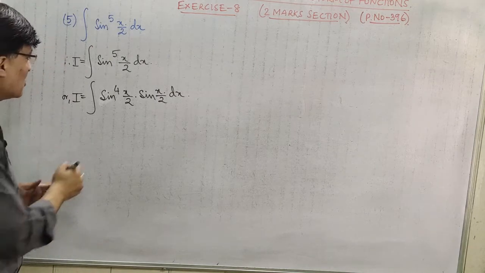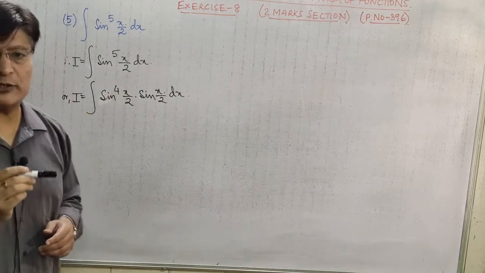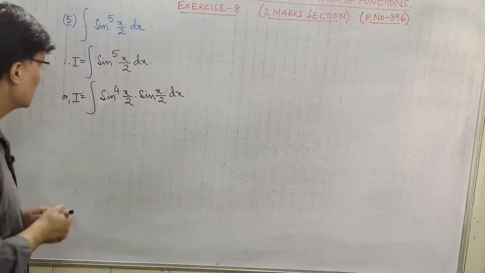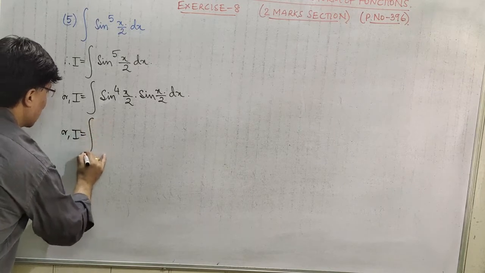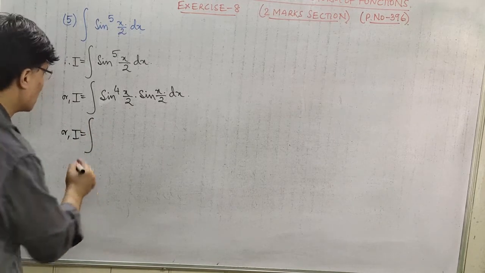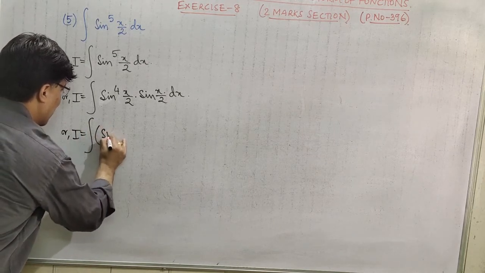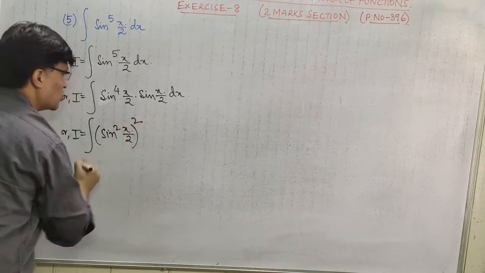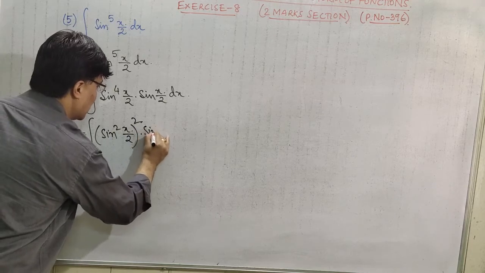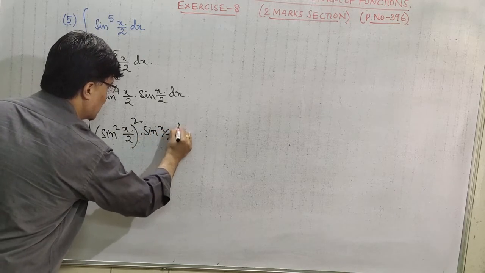So that's why you have to convert this sine to the power 4 x by 2 in terms of cos. Is that clear? So it can be written as, first, sine square x by 2 whole square into sine x by 2 dx.